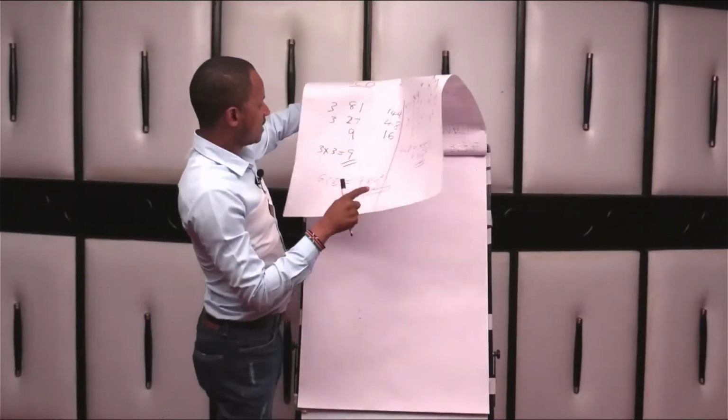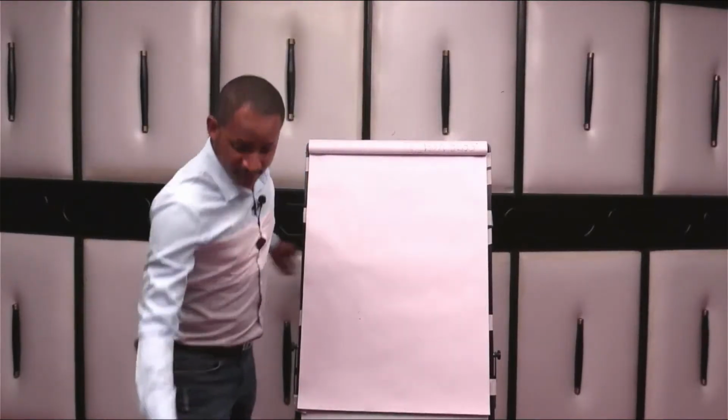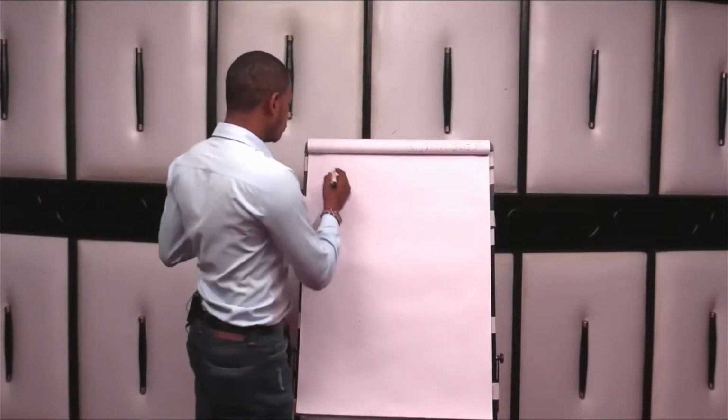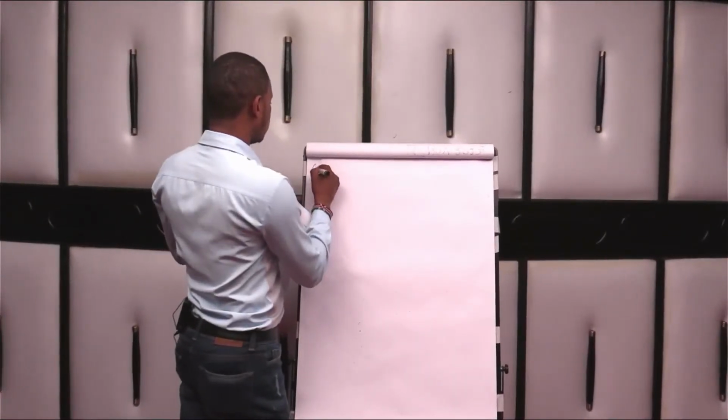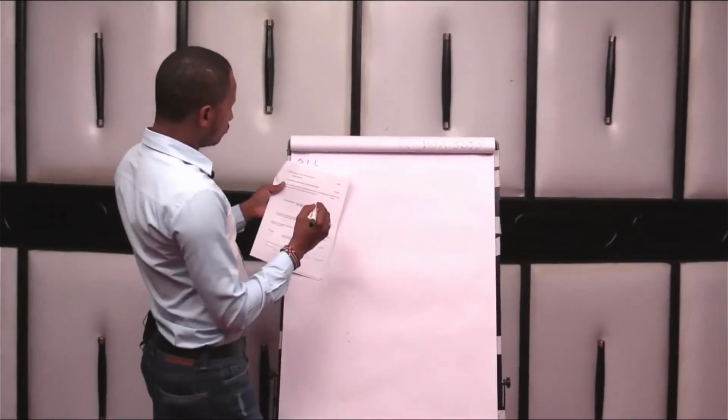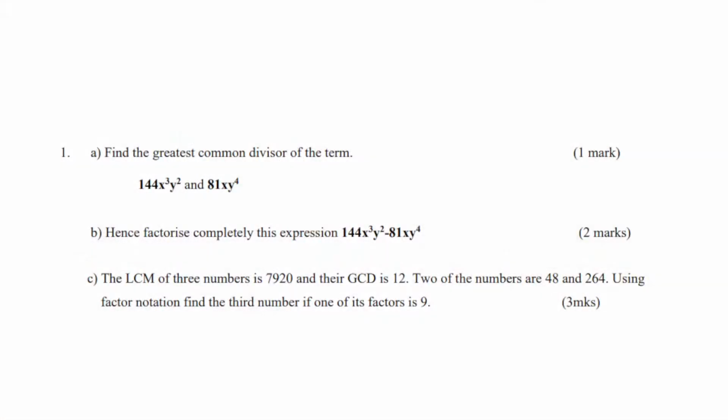So from here, 9xy squared. So the next question, there's a part B of that question, question 1B, which tells you, hence factorize completely this expression: 144x cubed y squared minus 81 xy raised to power 4.